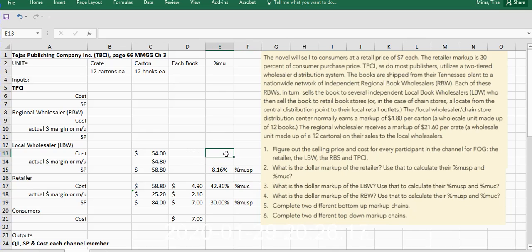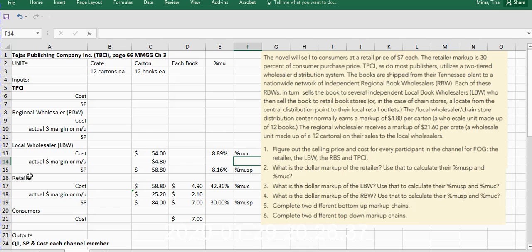And then I can also calculate the markup percentage on cost. I think as we continue to go through these examples, you can start to see how each of these elements work together, since you see where the numbers are coming from.